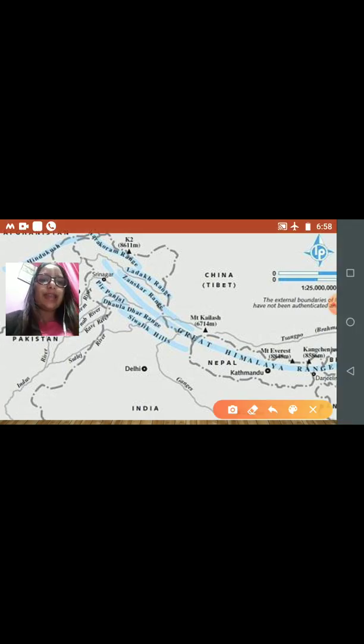This range lies to the south of the Himadri. Himadri, then we have Himachal. South of the Himadri, it has an average height of 4,500 meters. It consists of the Pir Panjal and Dauladhar ranges, the two important ranges.